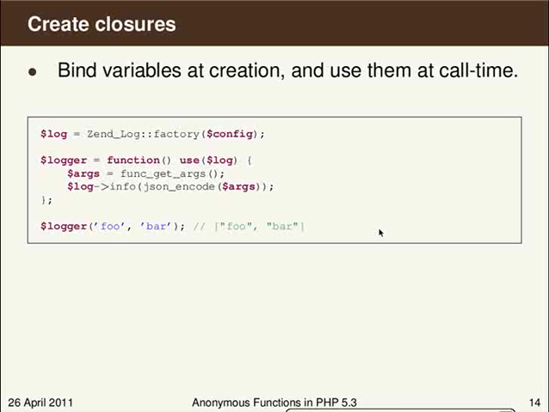I will then JSON encode those so I can actually utilize it within the logger. And log is going to simply log it at that point. So there's no side effects, there's no return value from this particular one, but I can actually attach this just about anywhere. So if I say logger foo bar, I will now have a JSON encoded string of foo and bar, which is actually pretty cool at this point.